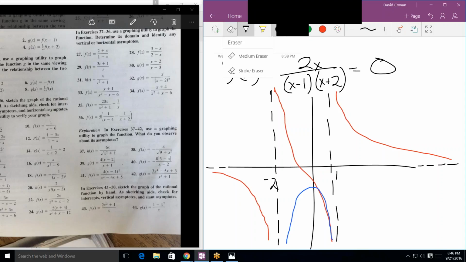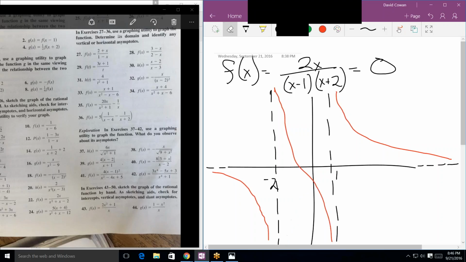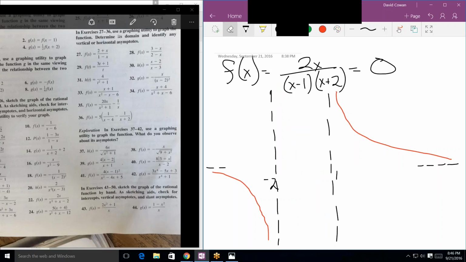Okay, so I now know that it's no longer the blue line because I know I crossed through the axis, and in fact I crossed through right at that point there where x is equal to 0. So now I can draw my line. It's going to look like that.